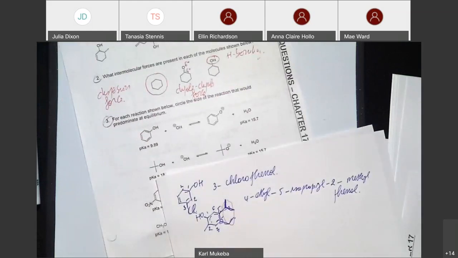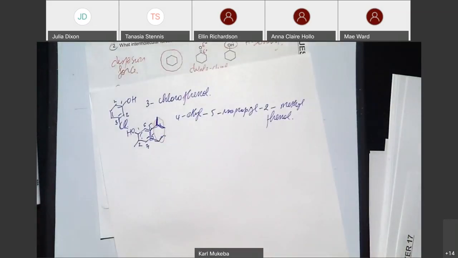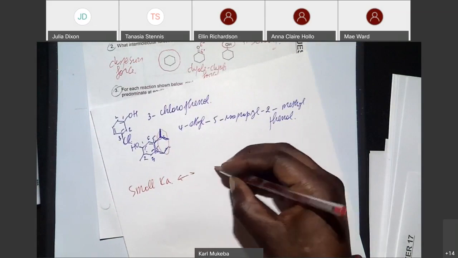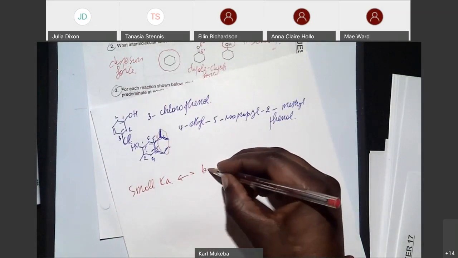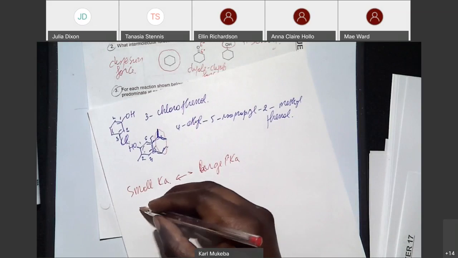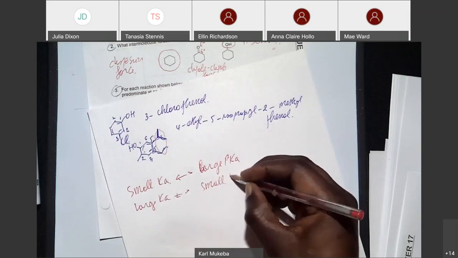They're giving you the pKa of different molecules, and the thing you have to remember is that a small Ka means a large pK, and a large Ka means a small pK.